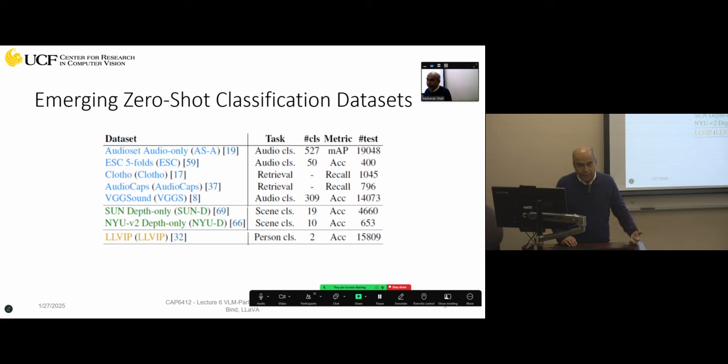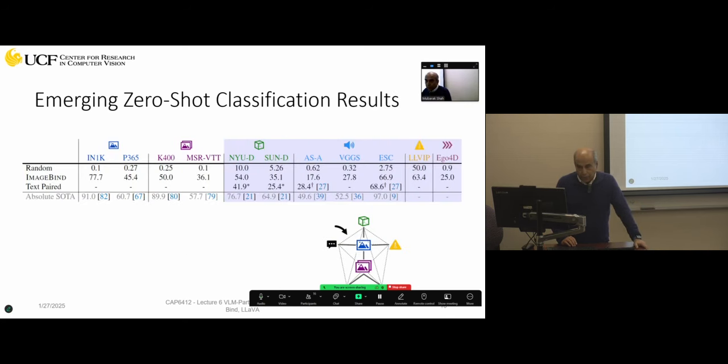And this is also for the IR data set, and this is for the Ego4D data set. So these are all testing data sets for the zero shot, which have not been used when we train the network. So these are the results, and they show pretty good results.